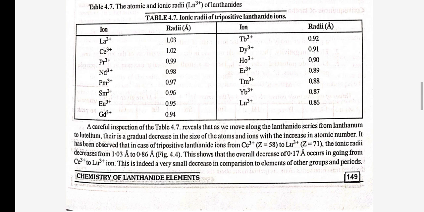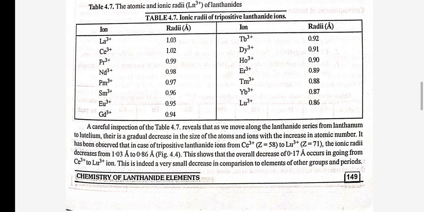It has been observed that in the case of tripositive lanthanide ions, from cerium 3 positive, the ionic radii decrease from 1.03 angstrom to 0.86 angstrom. This shows that an overall decrease of 0.17 angstrom occurs in going from cerium 3 positive to lutetium 3 positive ions.